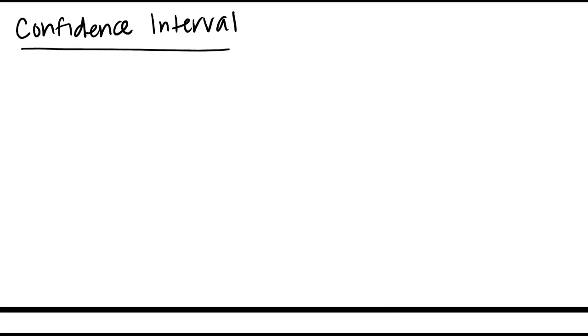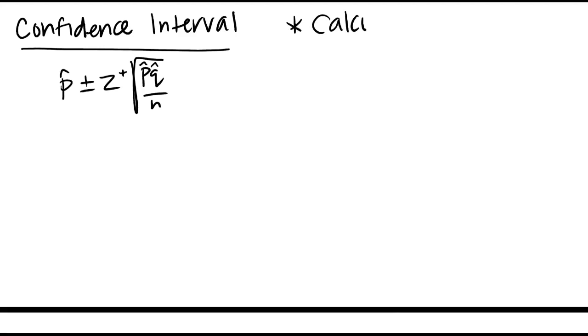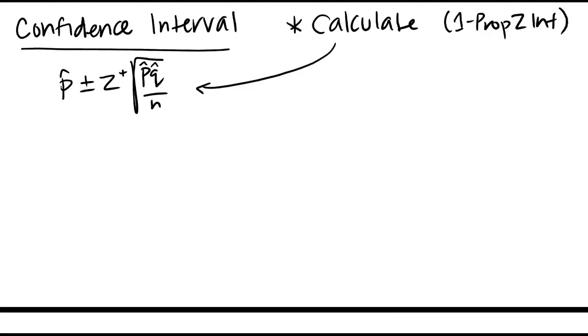So in part 6, we had our little formula, right? And we have 2 things we're going to have to do with this. One, calculate, which means just plug into the formula, or, if we have a big calculator, use prop Z interval instead of test. And two, interpret.